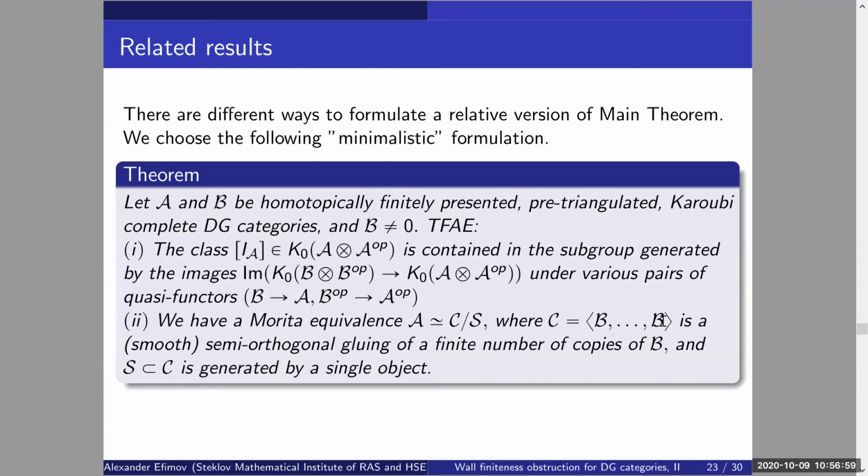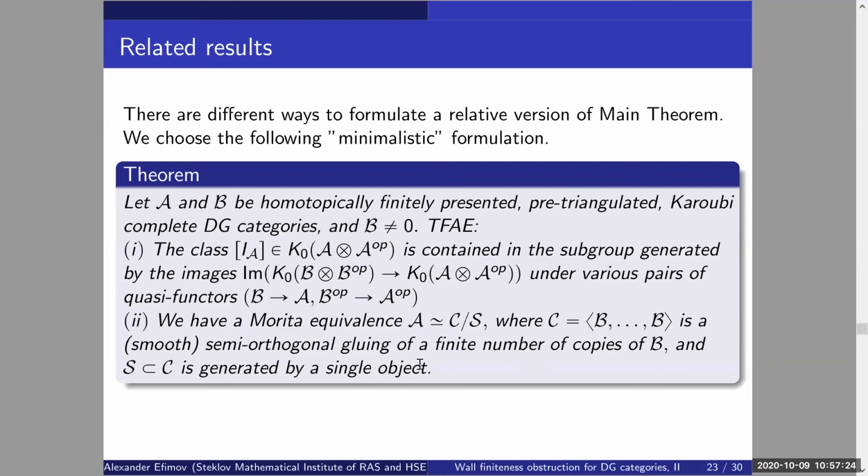Here we have finitely many copies, more than 2, but still it's just some condition on these bimodules. And smooth here automatically means that C will be homotopically finite as well. So the second condition is that A is equivalent to the quotient of such a smooth gluing of a finite number of copies, again by some subcategory generated by a single object.